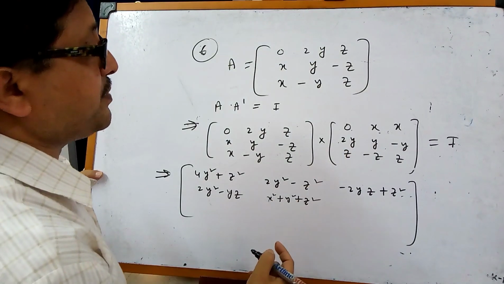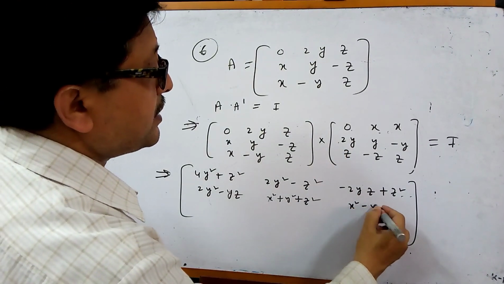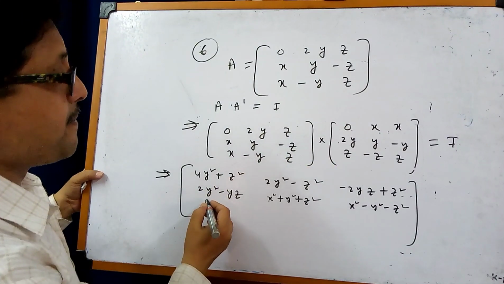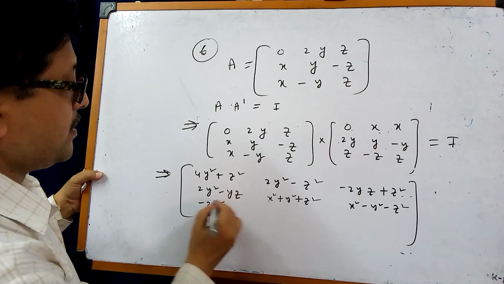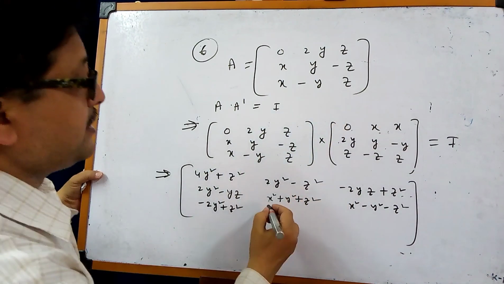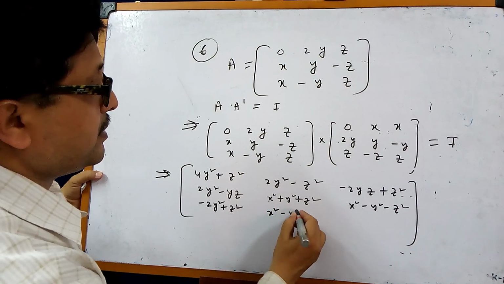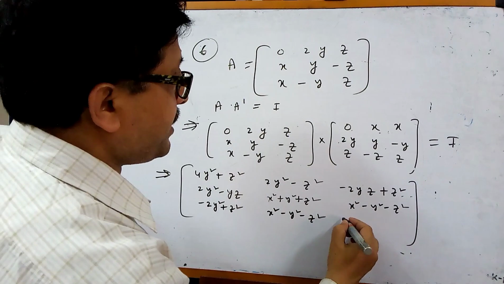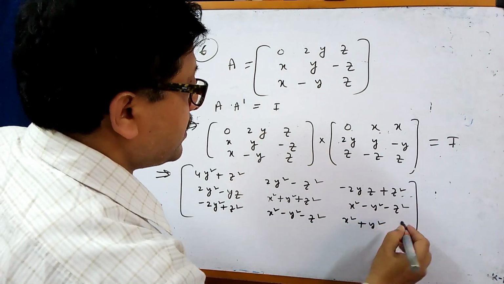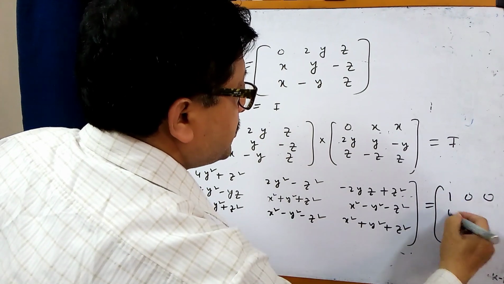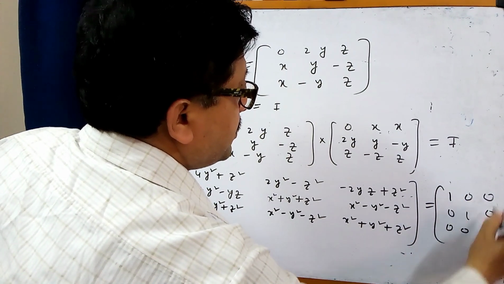This by this x square minus y square minus z square, minus 2y square plus z square, then this by this. It is equal to 1 0 0, 0 1 0, 0 0 1.